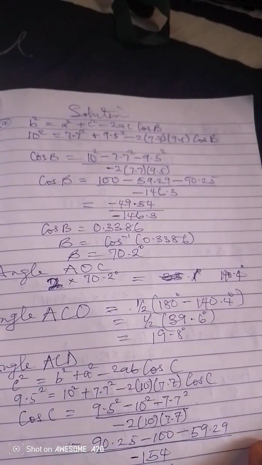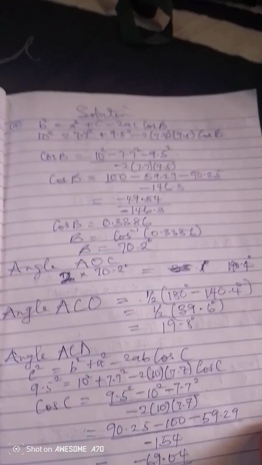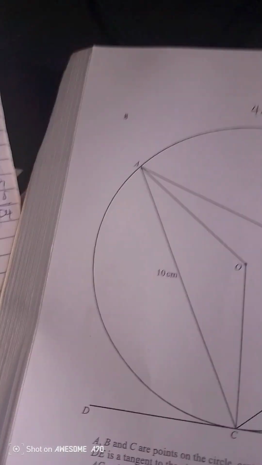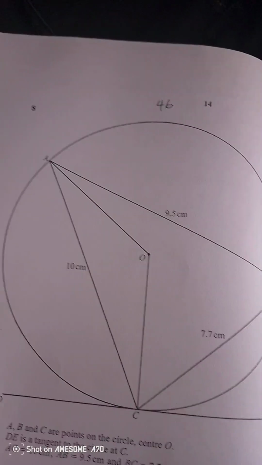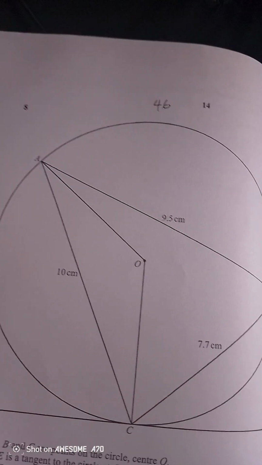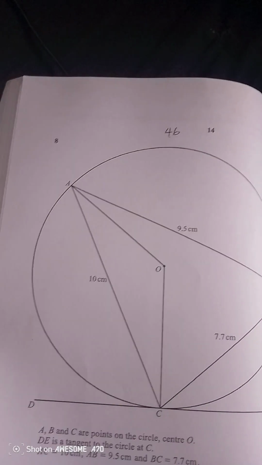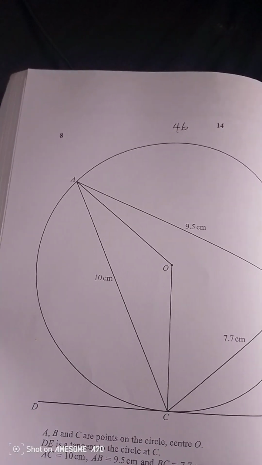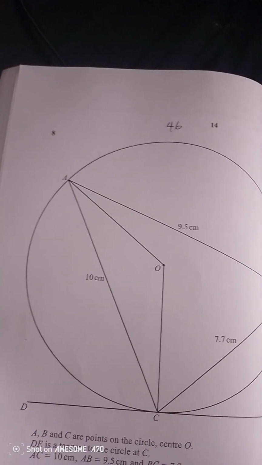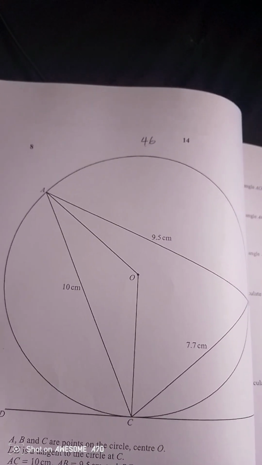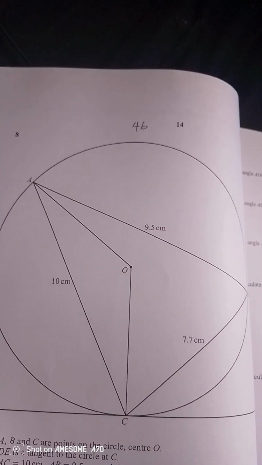To calculate angle ACO, we consider the isosceles triangle in the diagram. The triangle AOC is an isosceles triangle. What is an isosceles triangle? A triangle with two sides equal and the base angles also equal. So we have AO equals OC.